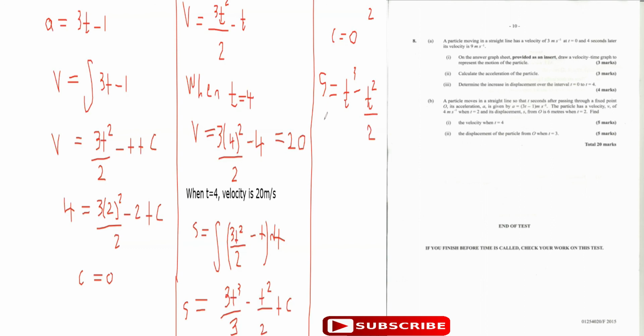So to find s now, they want s when t is 3. So all we need to put in is when t is 3. We're going to get that s is equal to 3 cubed minus 3 squared divided by 2. So all of this works out to be 3 cubed, as we know, is 27, minus 3 squared over 2, which is 9 over 2, which is 4.5.